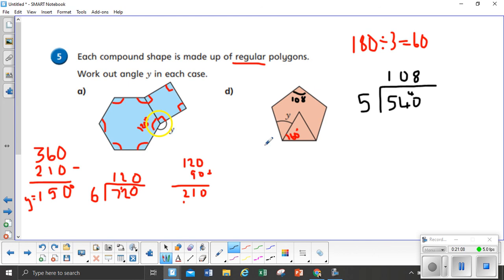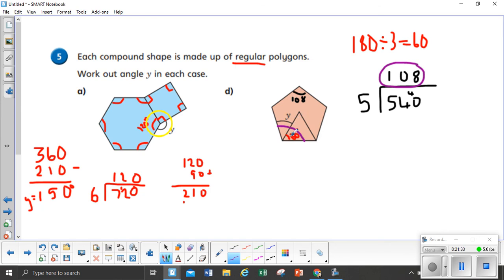Now, Y is covering part of this, but that's part of a full angle. My whole purple bit here, which is this angle, equals 108. But they're asking me what Y is worth.